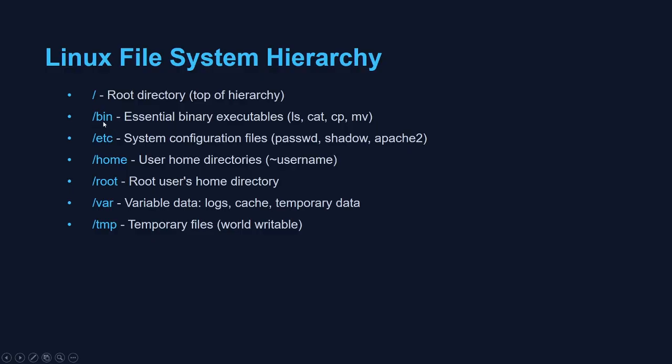And we have /bin, essential binary executables like ls, cat, cp, mv are all inside the bin. /etc is system configuration files, for example passwd and shadow and apache. Passwd is where you can find the list of all the users that are available in your OS, and shadow is where you can find the hash of each user's password.